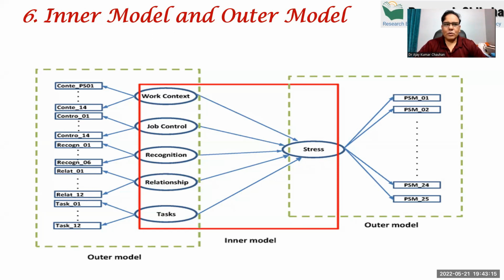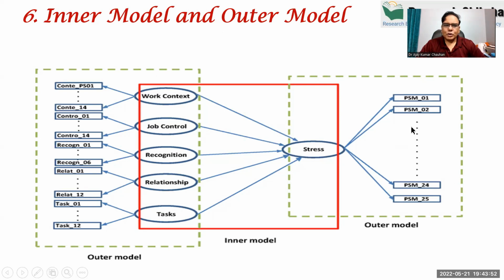Now, inner model, outer model, I already explained to you. The lines between the constructs, like these lines between the constructs, represent the inner model, and the lines representing the items and the construct, you can see this dotted green line, represent the relationship between the construct and the item.